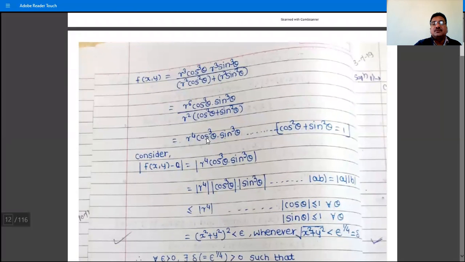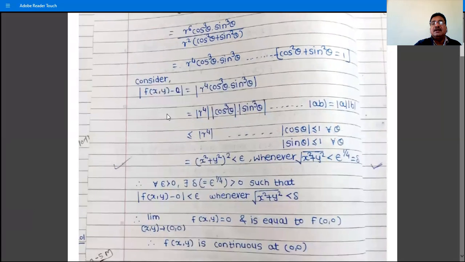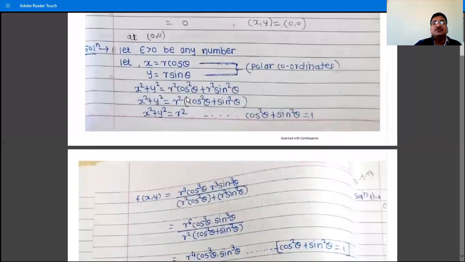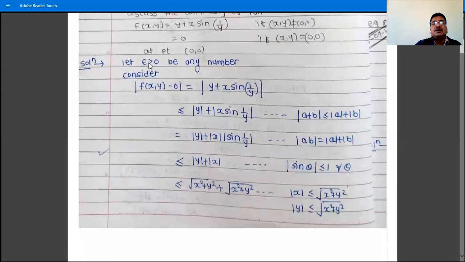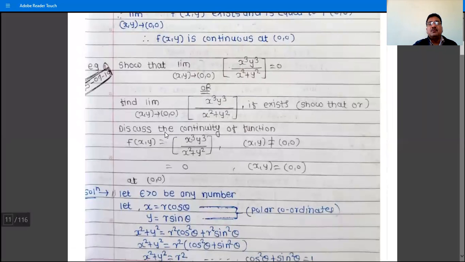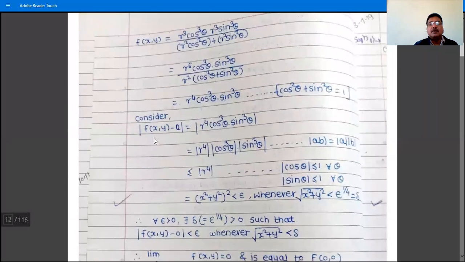This is r raised to 4 cos cube theta sin cube theta. Now consider mod f(x,y) minus 0, with epsilon greater than 0 an arbitrary number. Substitute f(x,y) as r raised to 4 cos cube theta sin cube theta, minus 0.